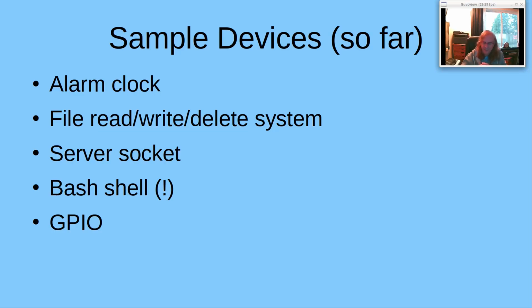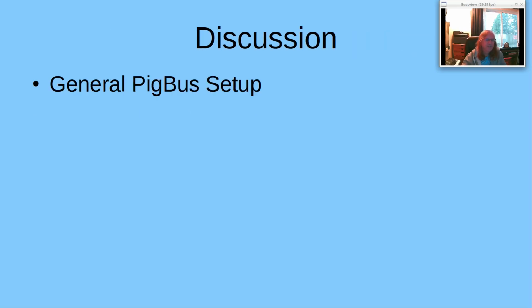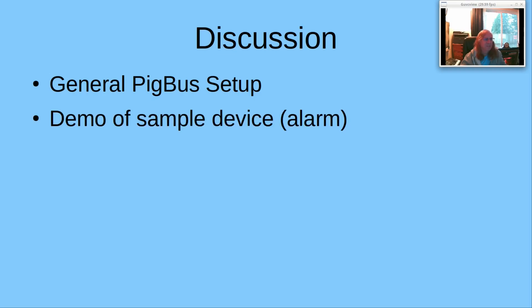So if you're still with me, what are we going to do in this video? General PigBus setup, we've talked about most of that already, but I'll go through the simulation and show you some of the commands related to the Pig. And then I'll demo a sample device, which will be the alarm clock, and show you 2 alarm clocks running at different periods.